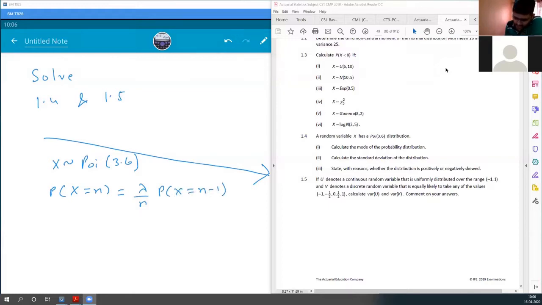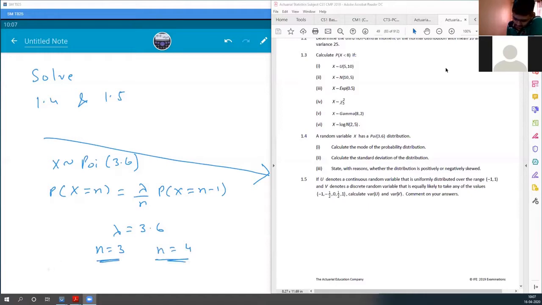And we need to find highest probability. So we'll find that probability where lambda by n is just greater than 1, so just less than 1 and just greater than 1. Because our lambda is equals to 3.6, we are talking about n is equals to 3 and n is equals to 4. These are the two terms that we are talking about.